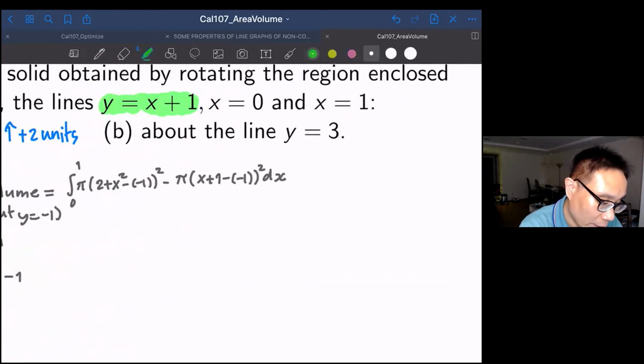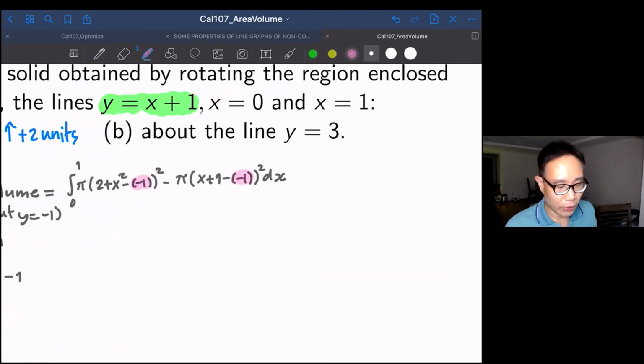Okay, so you see that you have the extra factor of negative 1, and this is how you obtain the volume.